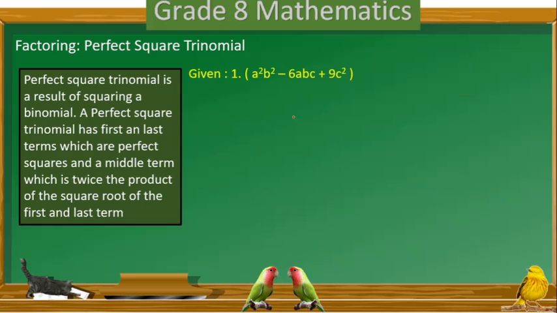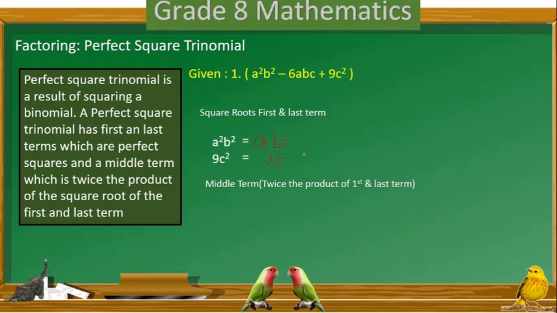Then next, this one, same as under the perfect square trinomial. First, you have to take the square roots of the first and last terms. The first term is a squared b squared. The second term is 9c squared. So the square root of a squared is a, the square root of b squared is b, the square root of 9 is 3, the square root of c squared is c. Okay, let us test if it is really a perfect trinomial. We will multiply the square root of the first term, which is 1.